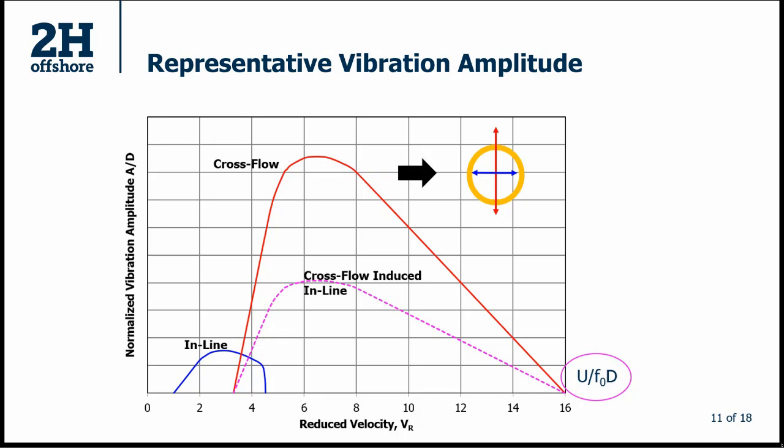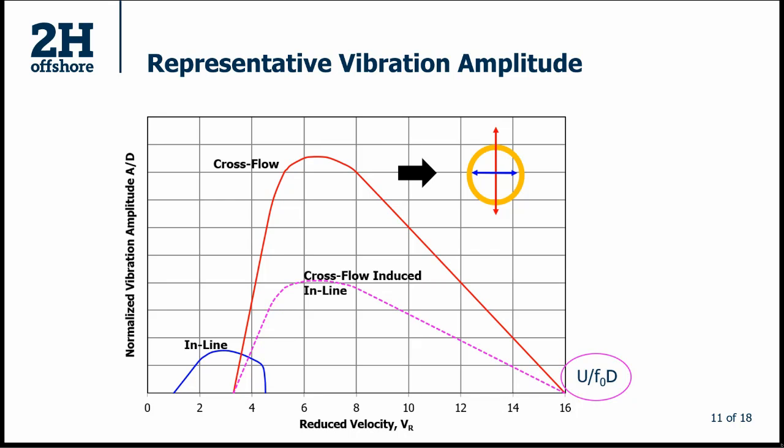The inline VIV, on the other hand, shows the smallest amplitude of vibration, and it's around 0.15 times the diameter of your pipe. Whereas your cross-flow induced inline VIV amplitude is 40% of the diameter of the pipe. And you can also see from the x-axis that these different types of VIV occur for different reduced velocities.